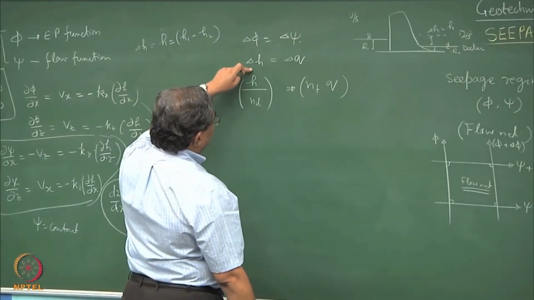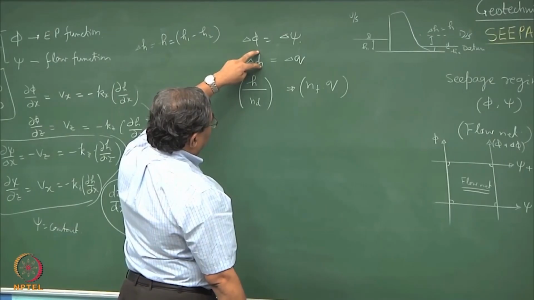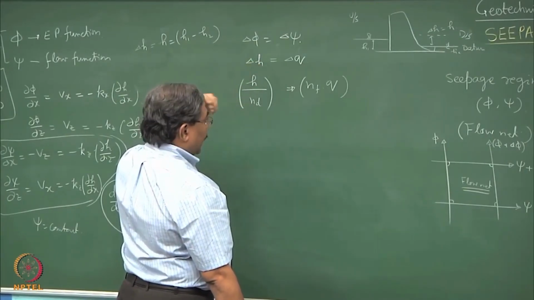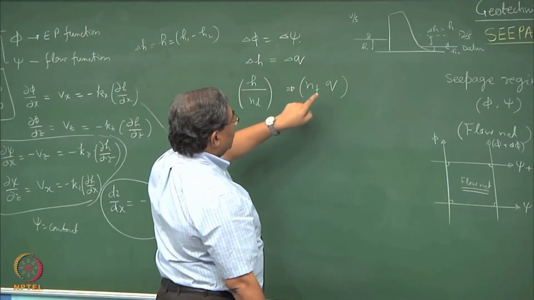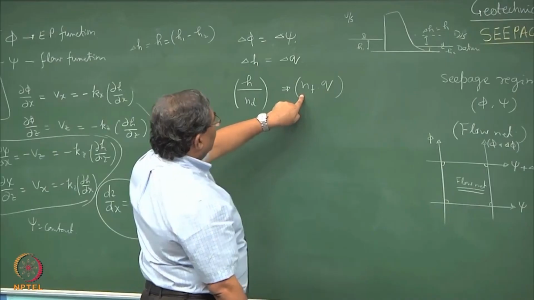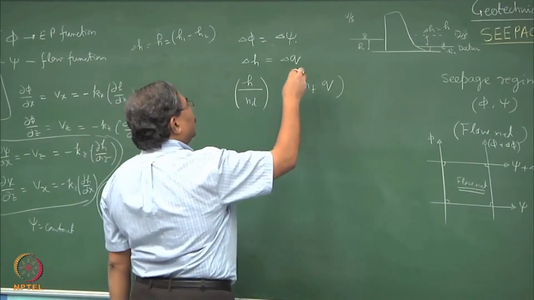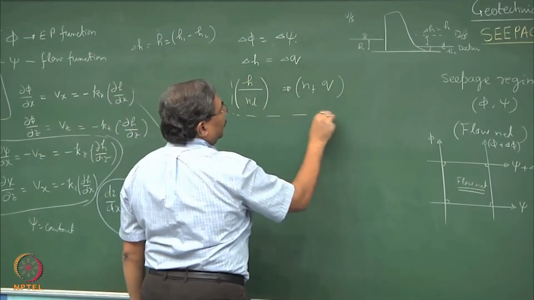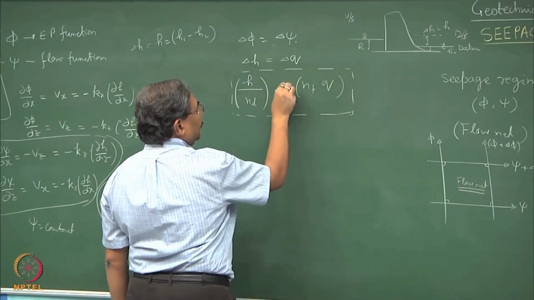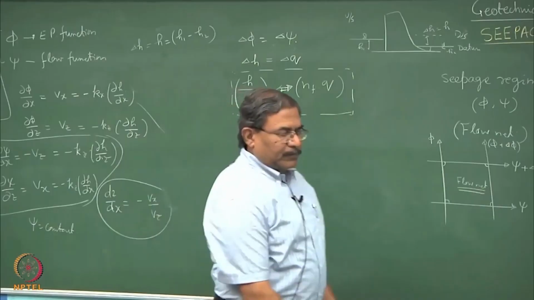So, the delta H, the total head, is getting divided by number of drops, and the total discharge is getting multiplied by total number of flow lines. Now, this is what we are going to utilize in further analysis. It is an equivalent sign. We will be using these terms.